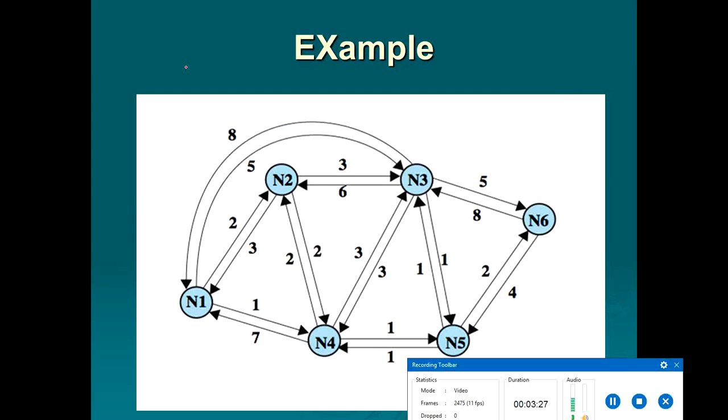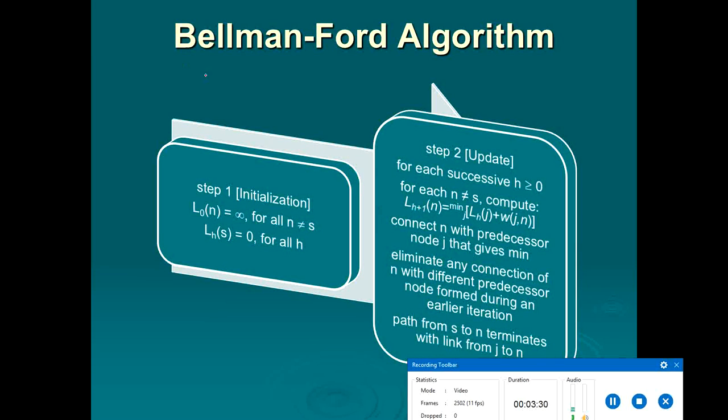As I told you, in initialization we initialize all the paths, all the nodes not equal to the source node, to infinity, and we initialize hop count to 0 for all h.